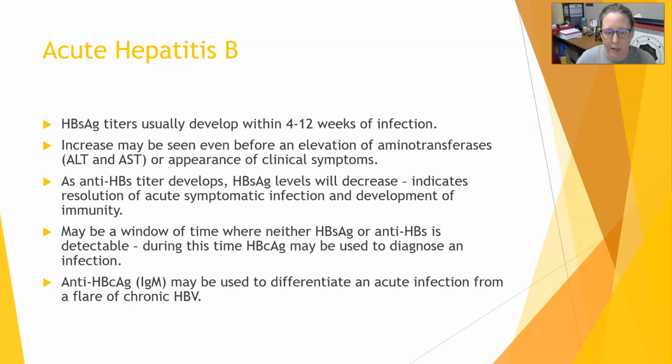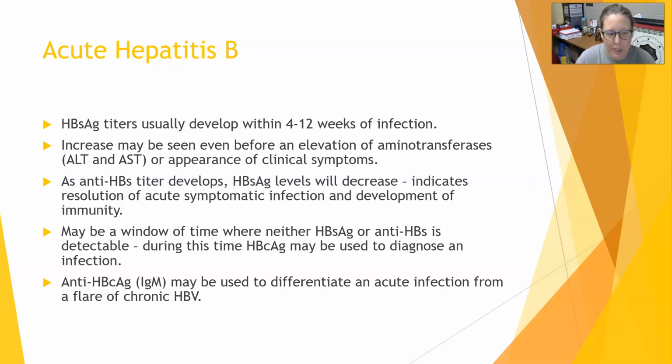There may be a window of time where neither the hepatitis B surface antigen nor the anti-hepatitis B surface antibody is detectable. During this time, the hepatitis B core antibody could be used to diagnose an infection.